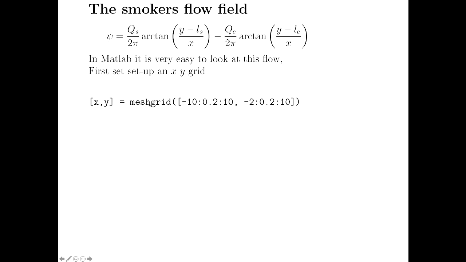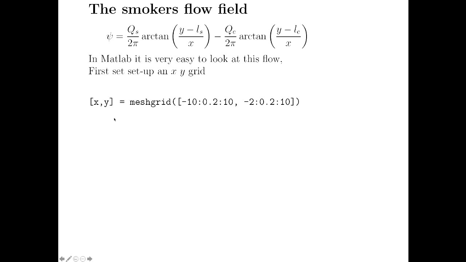All right, so meshgrid basically accepts two 1D arrays. This basically says I want my x-axis to range from -10 to 10 with 0.2 interval, and my y-axis to range from -2 to 10 with 0.2 intervals.